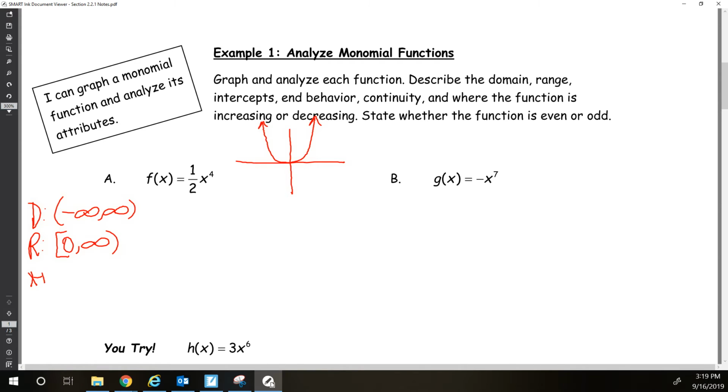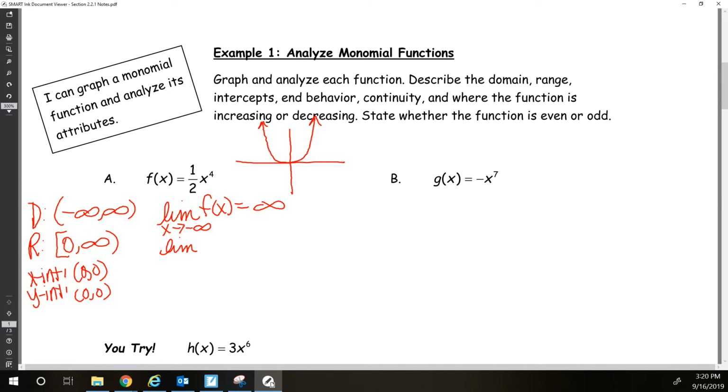It's x-intercept and y-intercept. We only have one of each. Those guys are 0, 0 for both of them, right? End behavior comes next. So the limit as x goes to negative infinity of f of x, where is it going? It's going up to positive infinity.